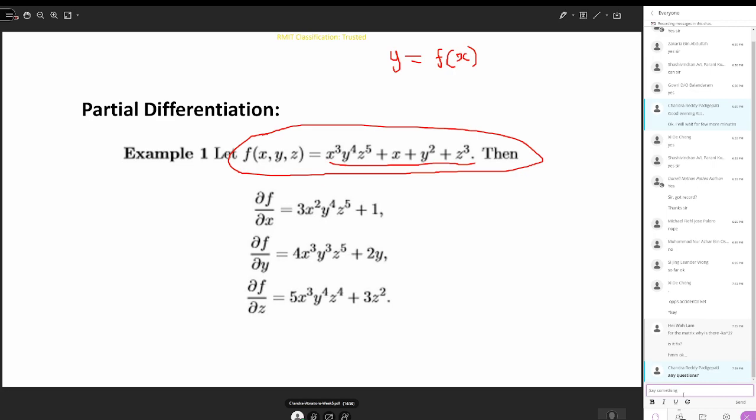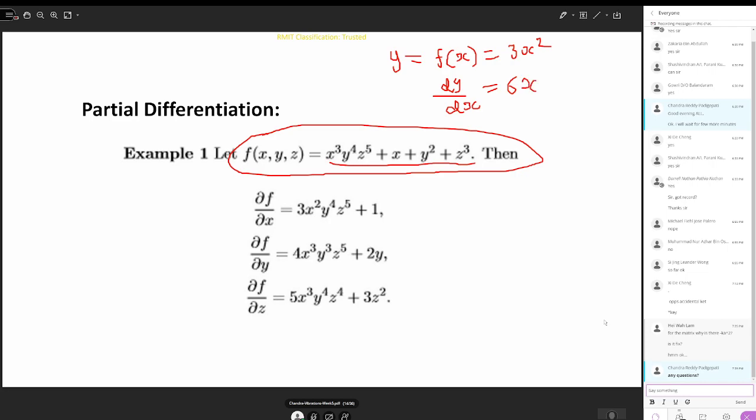If you have y is equal to 3x squared, then you can define dy by dx. This is a total derivative because the y value only depends on the x value. In this case, you can write the first derivative as 6x.